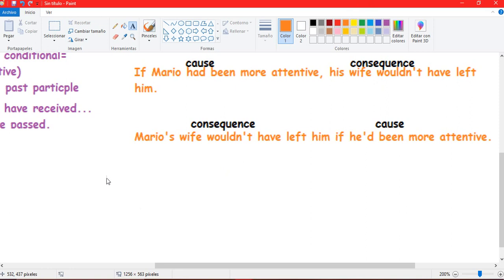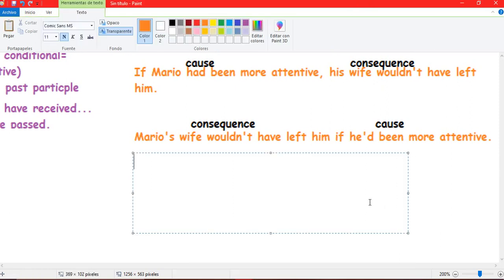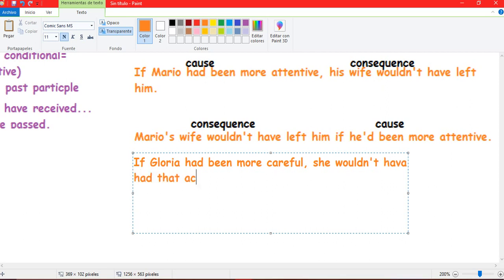Okay, let's use other examples to see it. For example, you can say, if Gloria had been more careful, she wouldn't have had that accident.